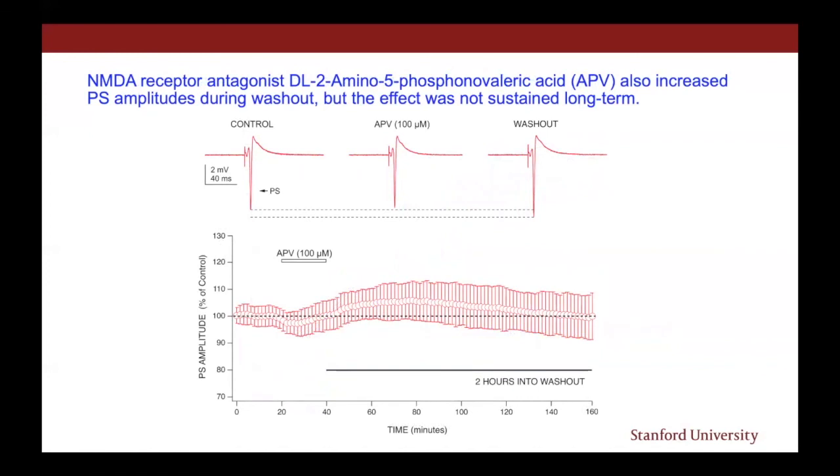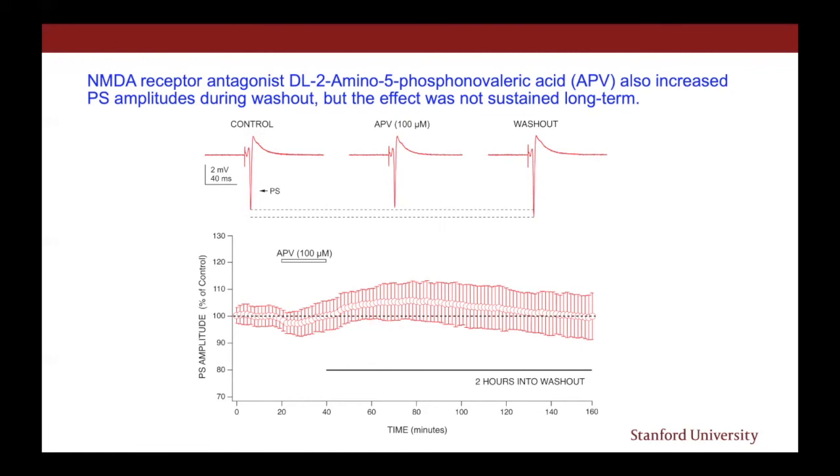Because ketamine is known to act on NMDA receptors, we decided to test some NMDA receptor antagonists to see if they can replicate ketamine's effects. We first tested AP5, which is an NMDA receptor antagonist. As you can see from this slide, AP5 actually produced a similar decrease in population spike amplitudes like that produced by ketamine during drug application, and it was initially able to produce an increase in population spike amplitudes during washout, similar to that produced by ketamine.